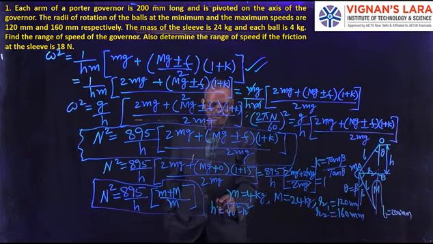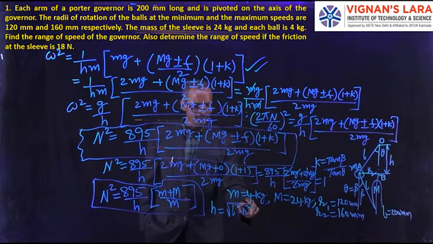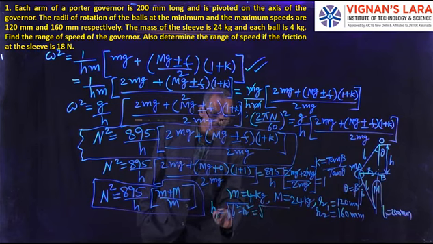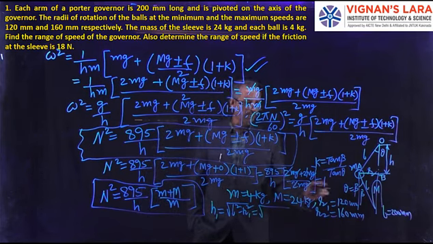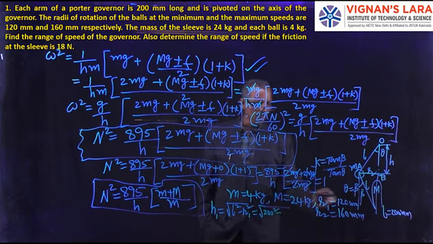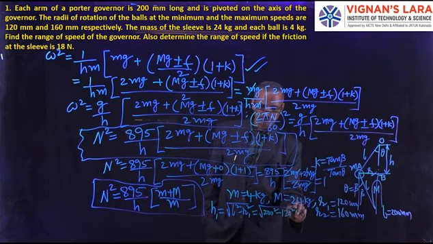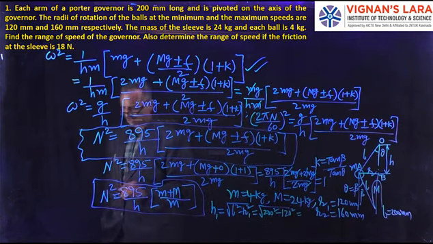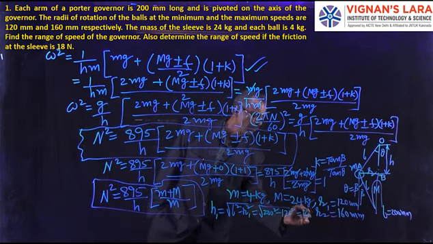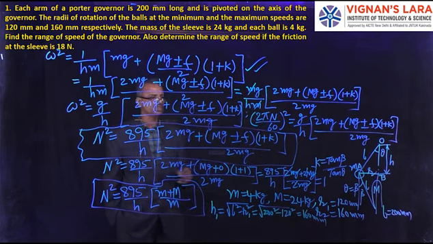Let me write H, first call it H1, then later H2. L will not change, but R1 and R2 will. So H1 is root over 200 square minus R1, 120 square. If you substitute these values, you get 160 mm. So H1 will become 160 mm.